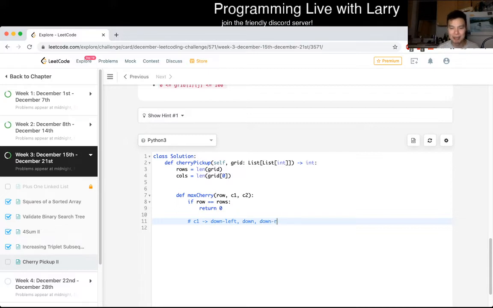So there are 3 possibilities for C1, and of course C2 also has the same 3 possibilities. So we can just do for loops. I think I'm just going to do for loops. How do I want to do it? So let's just say DC1, D being delta, that's my notation. I don't know if it's a good notation, but just this.